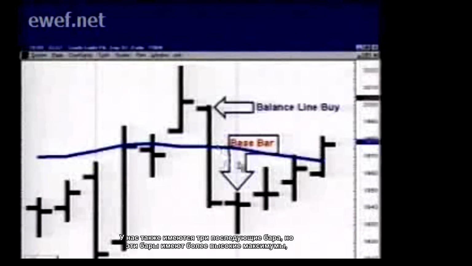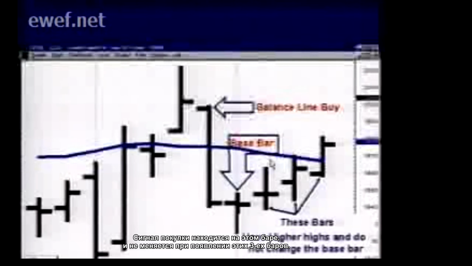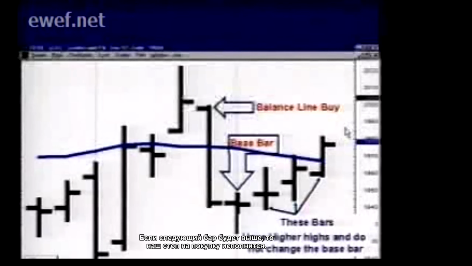And we also have 3 subsequent bars, but these bars have higher highs, so that does not change the base bar. The base bar is still the most recent lowest high. So these 3 bars here do not affect the buy signal. The buy signal is there on this bar, same here, same here, same there. And if the next bar goes above that, we would indeed be long one tick above that bar.